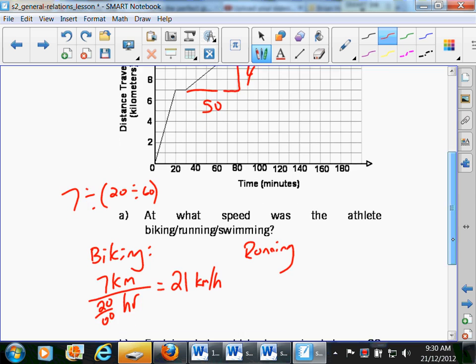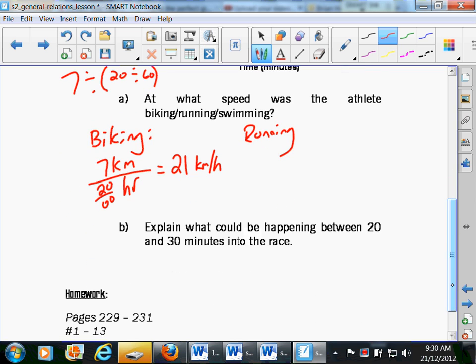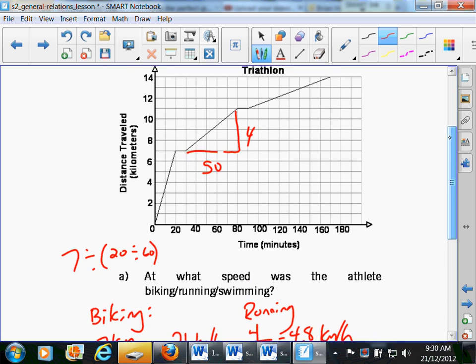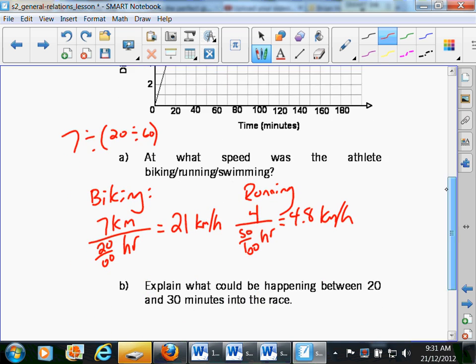So if we take that and translate it here, that would be 4 over 50 over 60, so almost an hour. So what would that be? Well, that would actually be 4.8 kilometers an hour. We can see that it's significantly less. Okay?